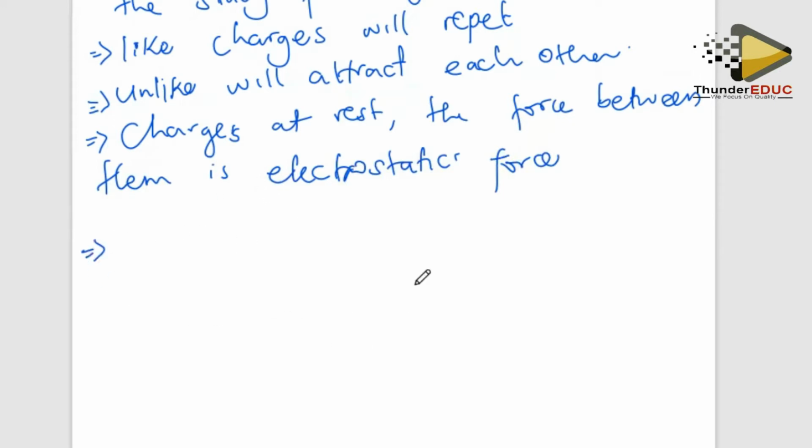One thing we need to remember is that there's a scientist known by the name of Coulomb who did a thorough study of what really happens when two charges are at rest, what sort of force works between them, and the relationship between the force, the charges and the distance between the charges.